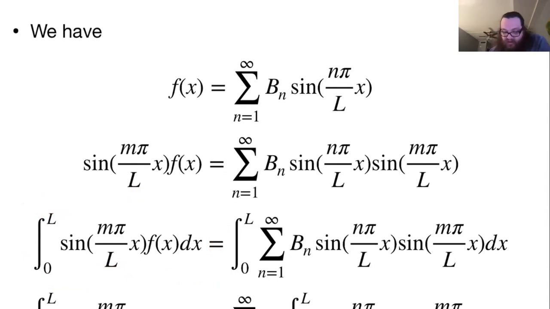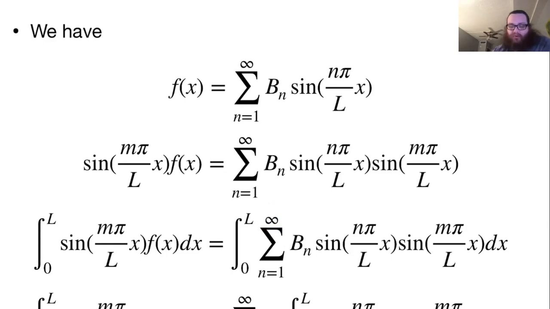On the right-hand side, all we're doing is integrating from 0 to L dx. But now we're going to distribute this integral over this summation. If we had a finite summation, there's no issue with distributing the integral, since integration is a linear operation. As soon as you're summing over an infinite amount of things, the validity of that distribution can be in question.